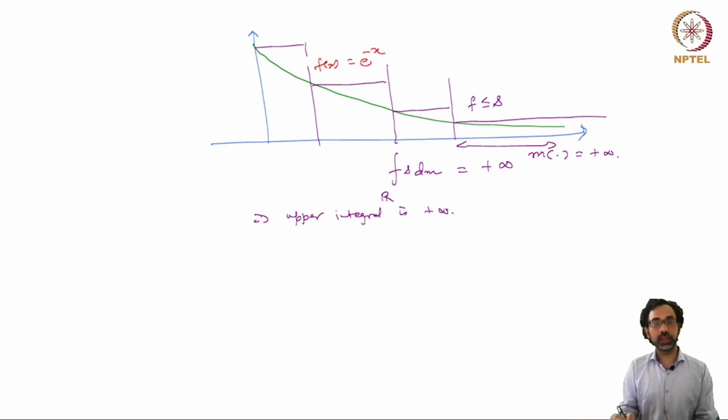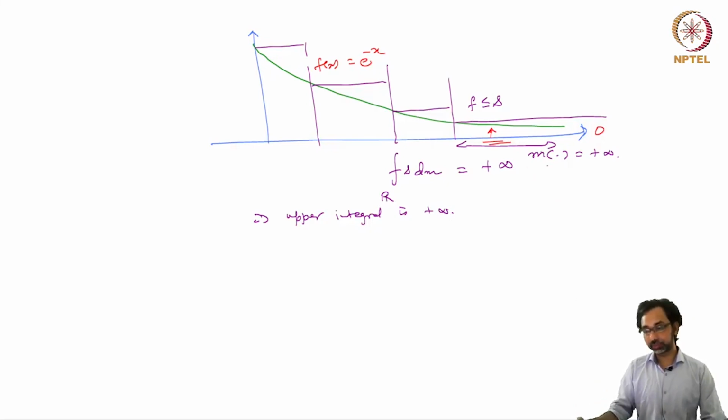So we see that the lower one makes sense always, even if your function is unbounded, or if it is bounded but with strictly positive values over a set of infinite measure, because if you take a lower integral, the 0 value is always allowed when you start to approximate f from below.